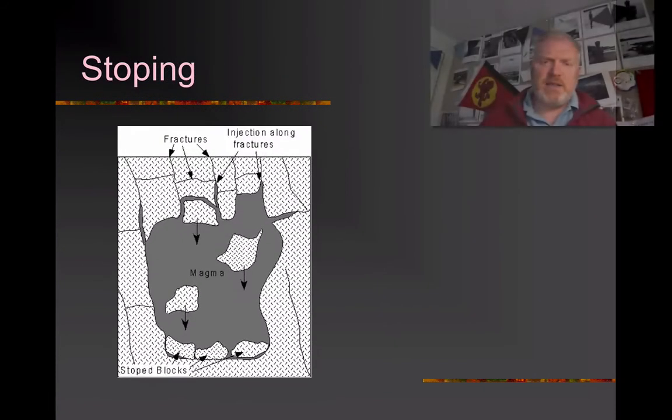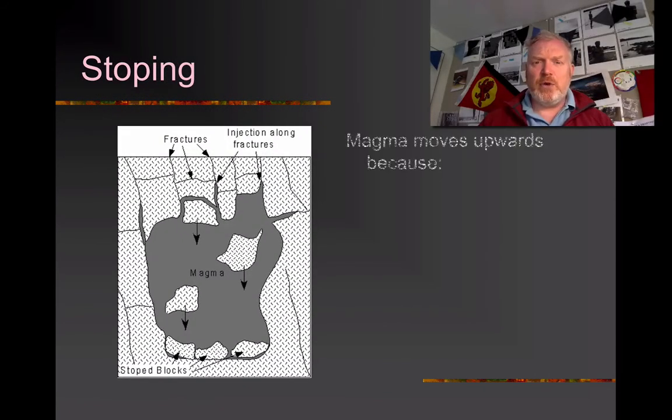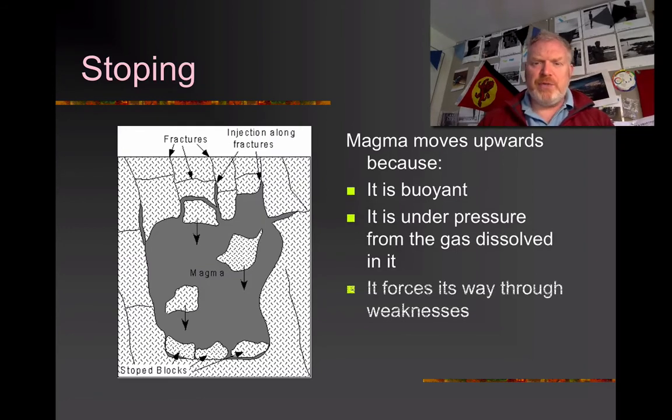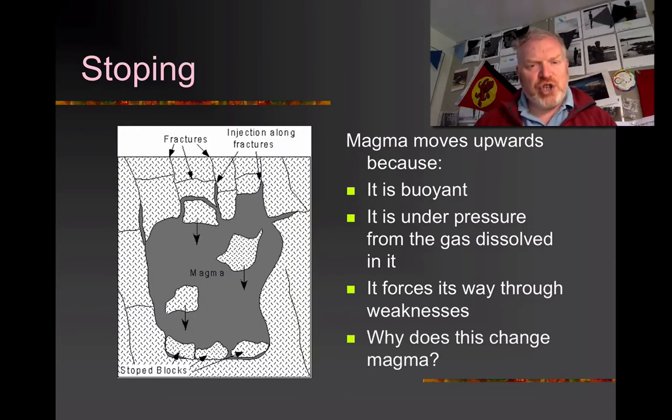Now this is all related to the process of stoping. Now this was part of our Year 12 course. We know that this magma moves upwards because it's buoyant, it's under pressure from the gas, forces its way through weaknesses, but it changes the magma because some of the minerals in that country rock are going to be melted into the magma.